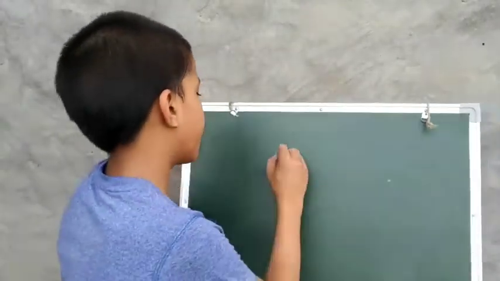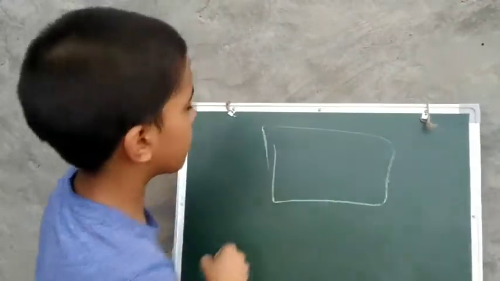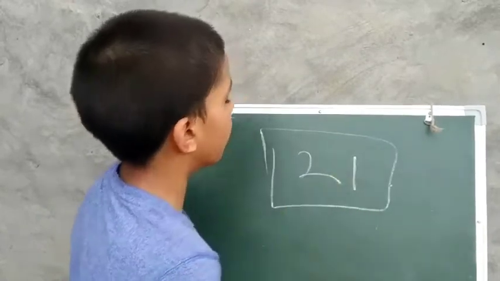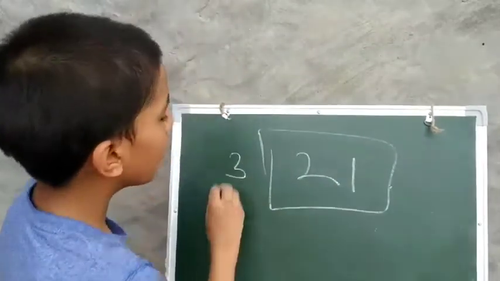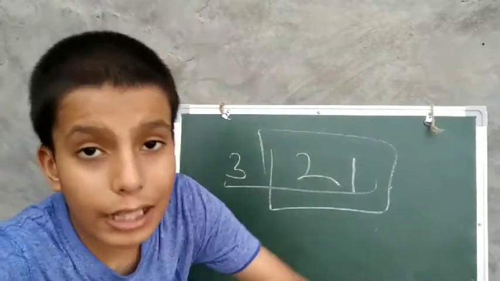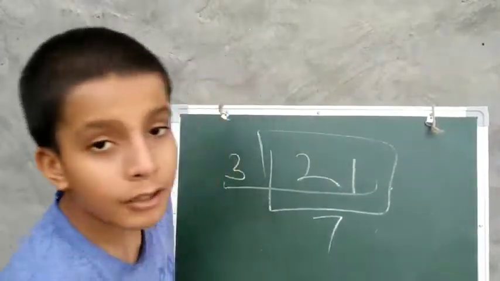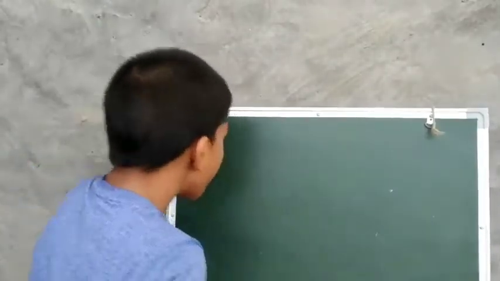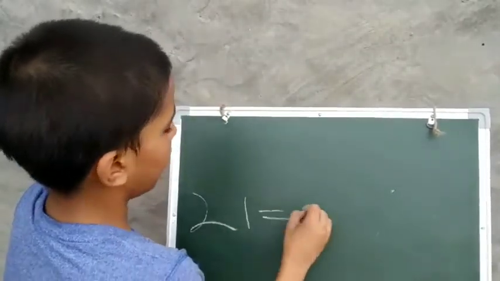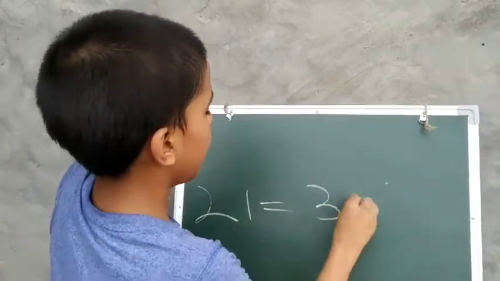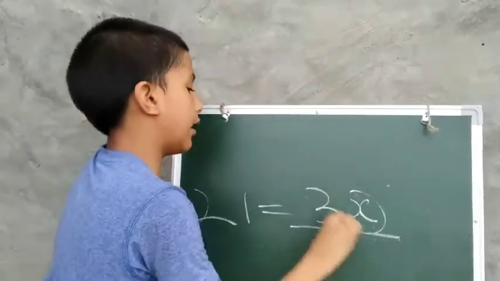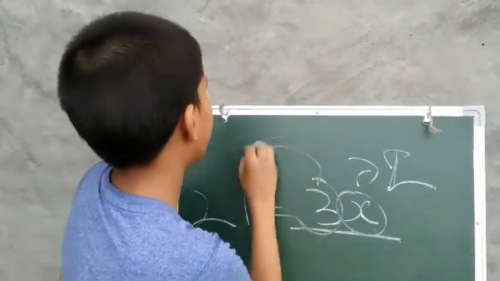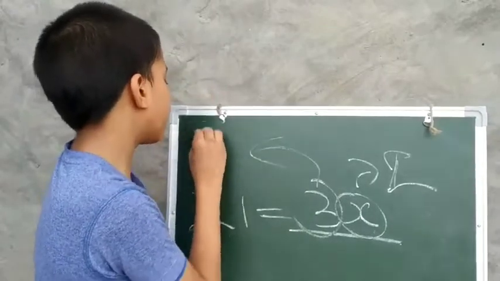For example, if I have this, the area is 21 and this side is 3. So the question is to find the length. I know that this will be 7. We can do it with a simple equation. How to do that? 21 equals 3x, where x means length and 3 denotes the breadth.